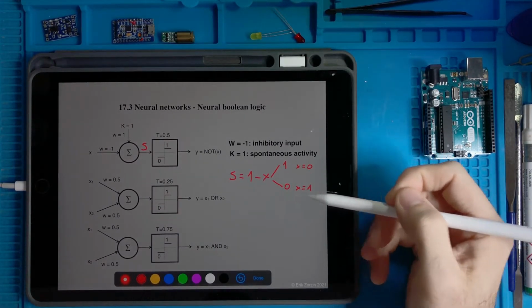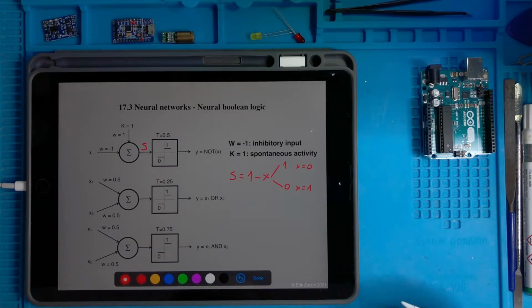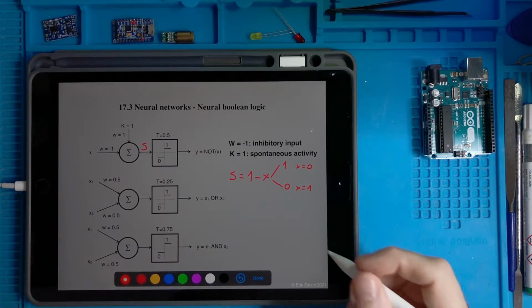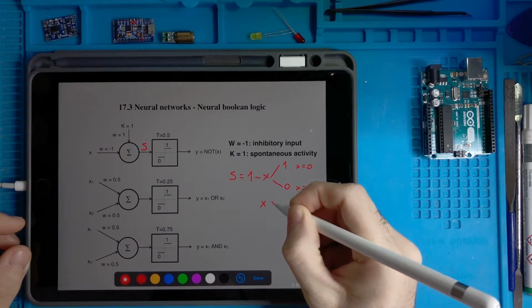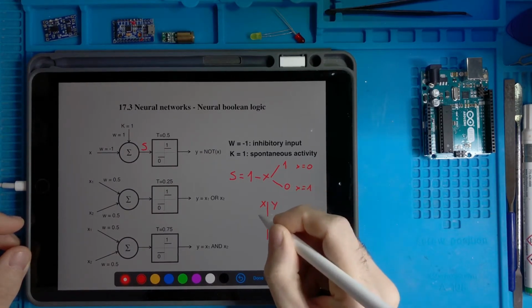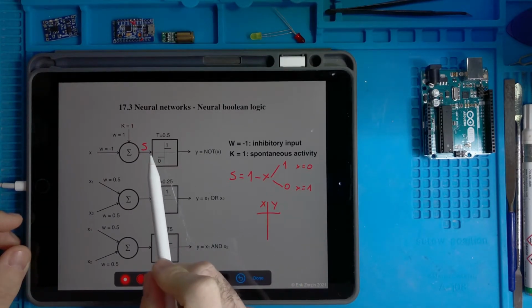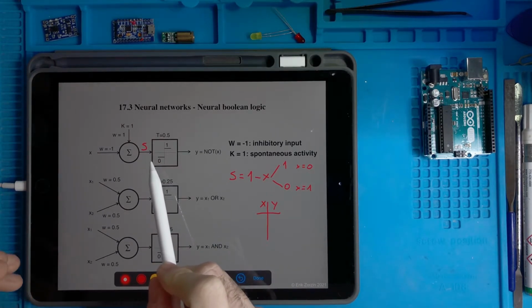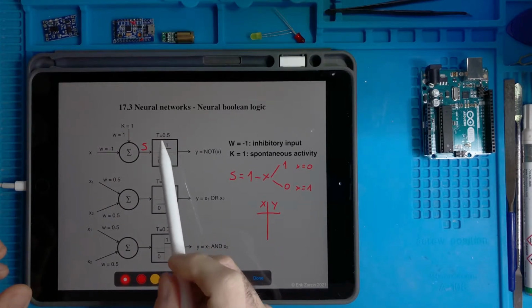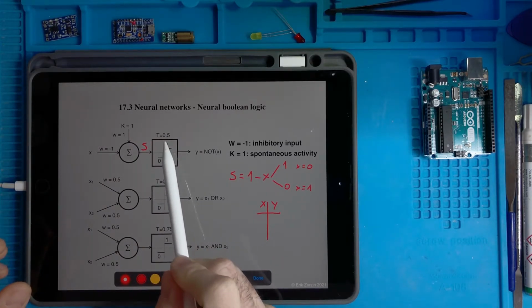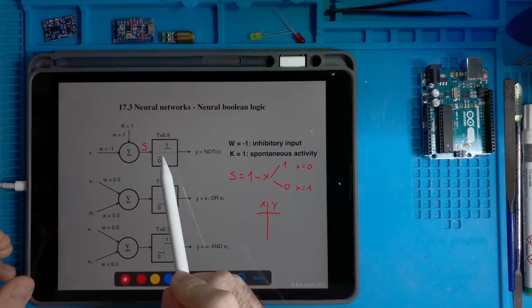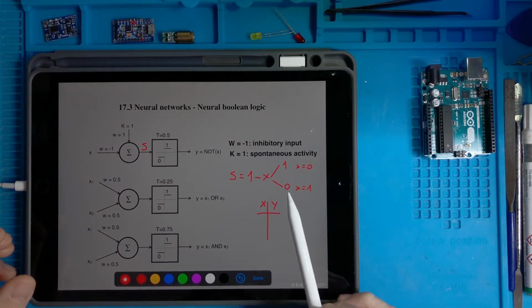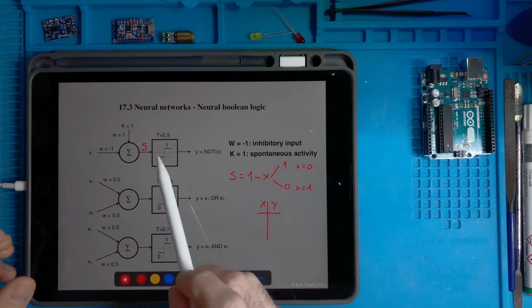And if you look at this, it's the truth table of a NOT gate. So if you put x and you call y the output, then in order to complete this paradigm, we need a threshold. Let's put this threshold at 0.5. So if x is smaller than 0.5, like when x is 0, then the output is 1.